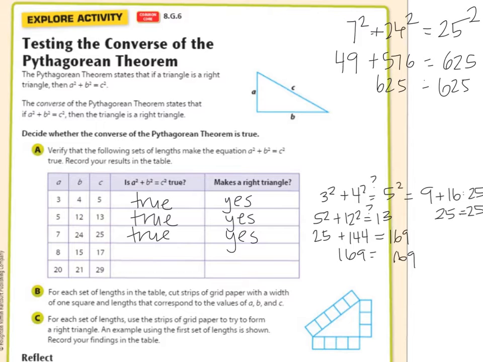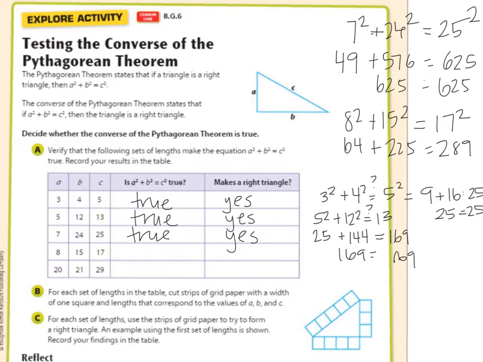Okay, we've got 2 more here that we're going to work through. 8 squared plus 15 squared equals maybe 17 squared. See if it's true. 8 squared is 8 times 8, which is 64, plus 15 squared, which is 15 times 15, which is 225. And does it equal 17 squared? 17 times 17 is 289.